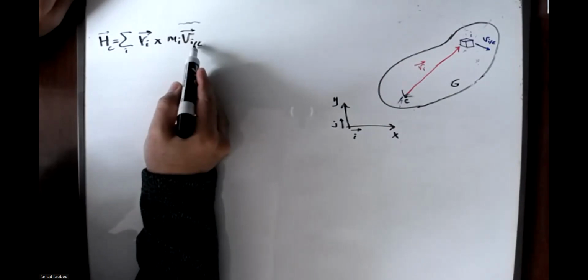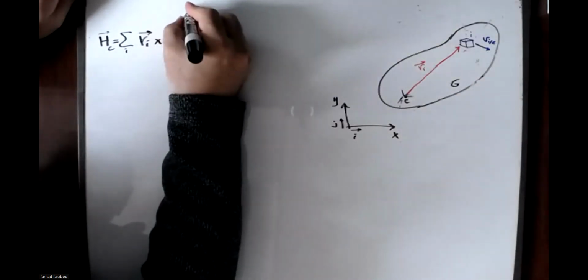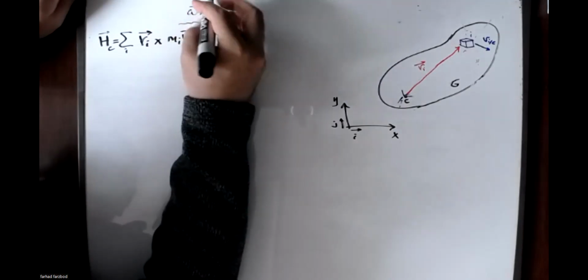So this relative velocity of point I with respect to C is omega cross Ri.